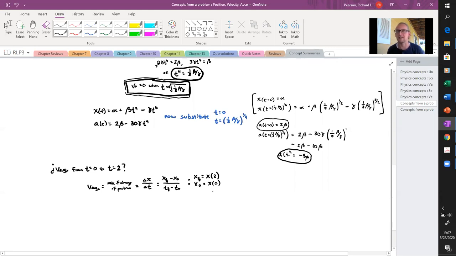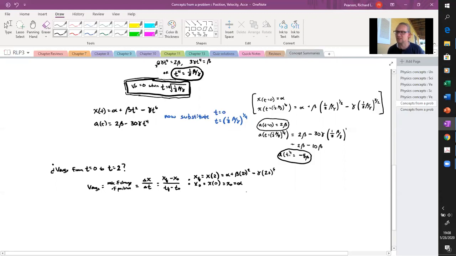Or I'm sorry, x at t equals 0. That one, again, we already know, which is our initial position x, which is our alpha. For x at 2, we just plug it in. So we have alpha plus beta times 2 seconds squared, minus gamma times 2 seconds to the 6th.